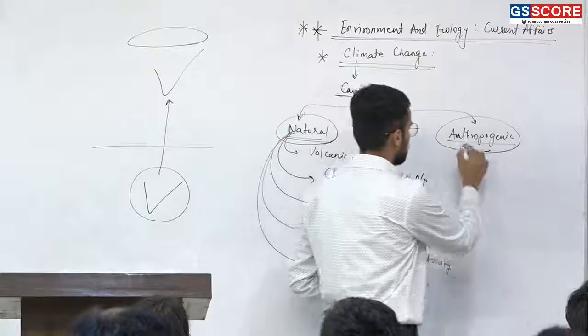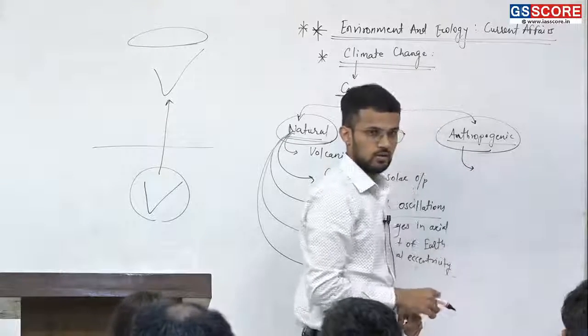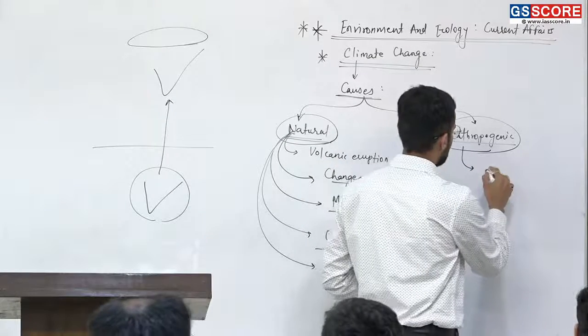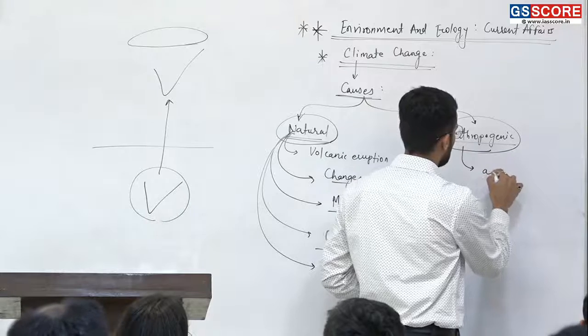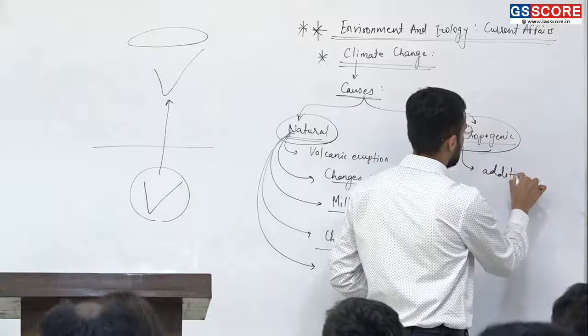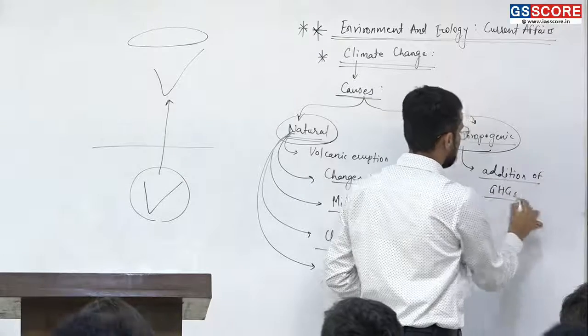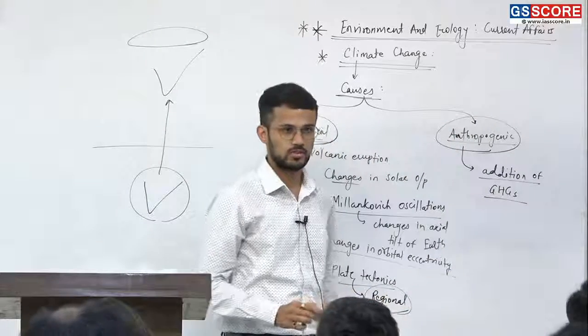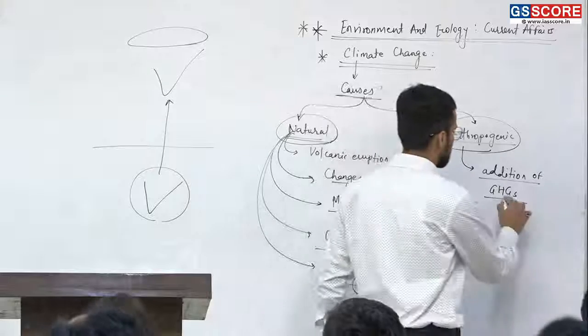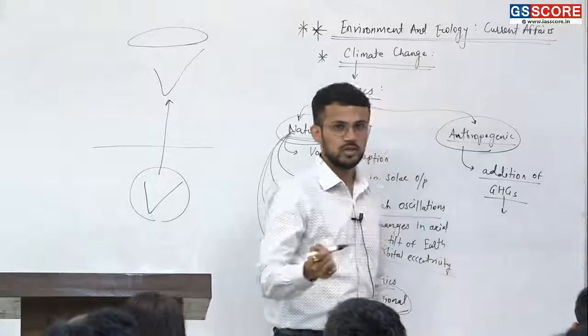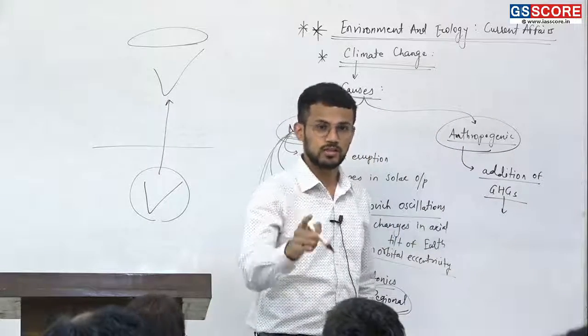And why does it occur? It is the result of addition of greenhouse gases in the earth's atmosphere, and these greenhouse gases lead to intensification of the greenhouse effect.